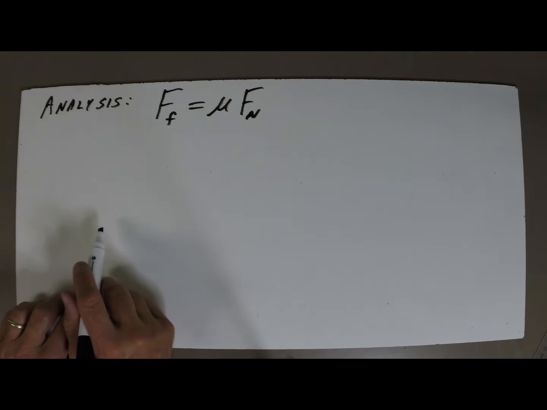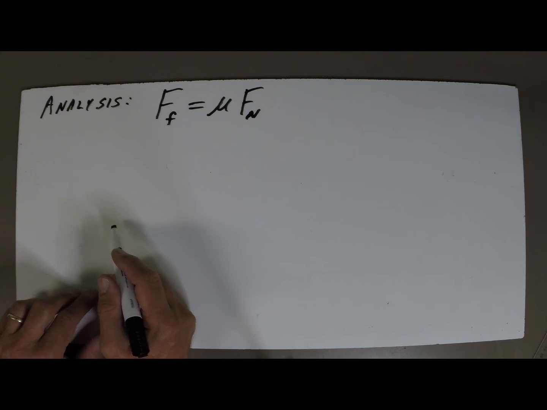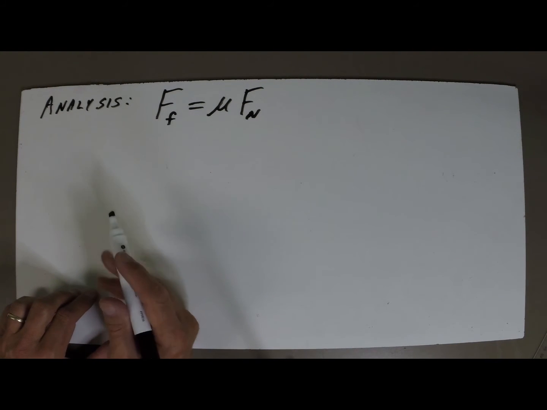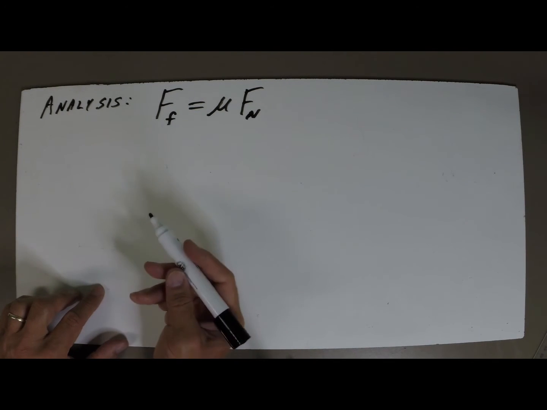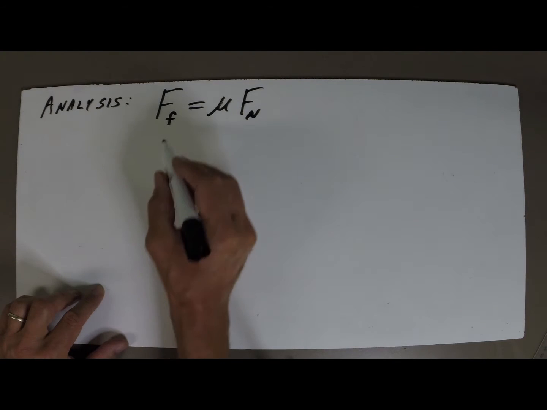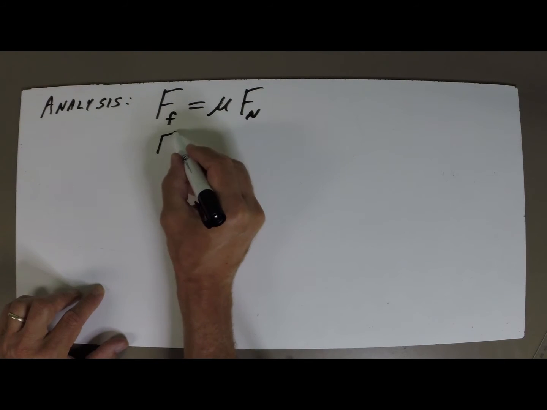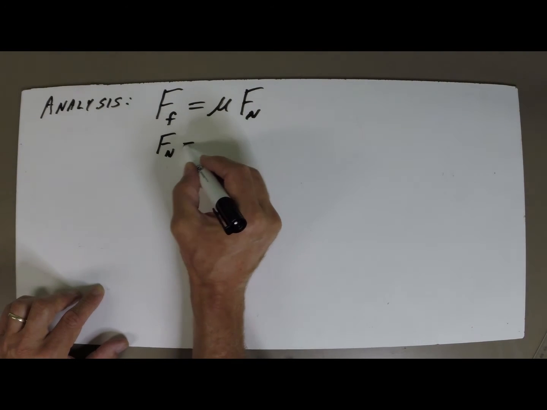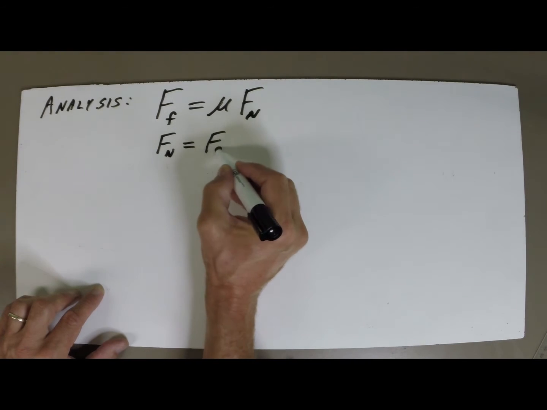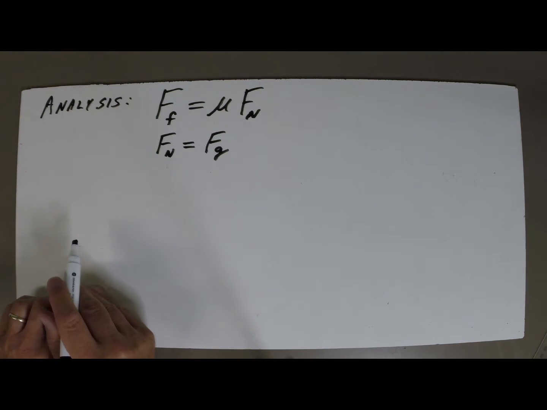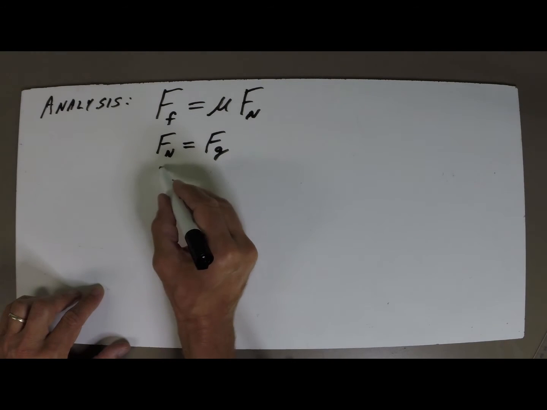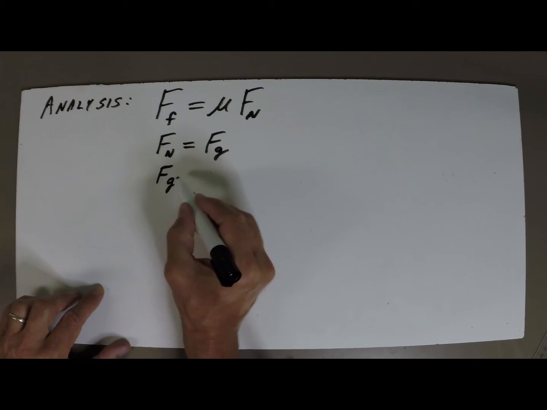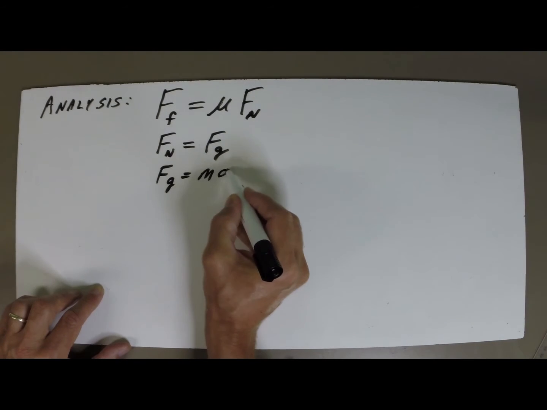And as I mentioned earlier, on a horizontal surface, the normal force will be upwards, preventing the object from entering the surface, and it will be balancing gravity. So for horizontal surfaces only, the normal force is equal to the force of gravity in magnitude, opposite in direction. And we know that Fg is equal to mg.